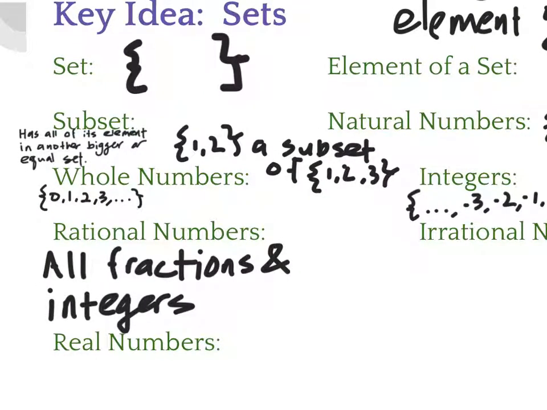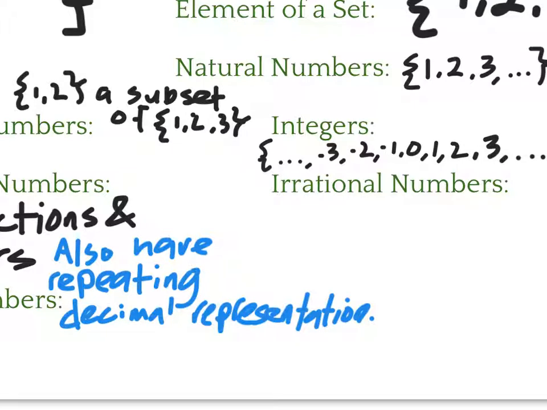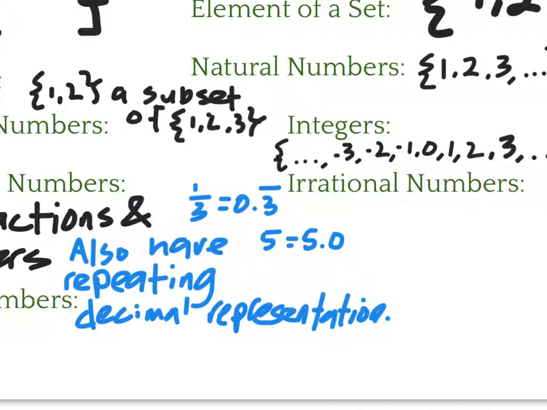Rational numbers have a repeating decimal representation. So for example, 1/3 has the repeating decimal 0.3 with a bar over it because the 3 goes forever, but every number actually does. 5 equals 5.0 with a bar over the 0.